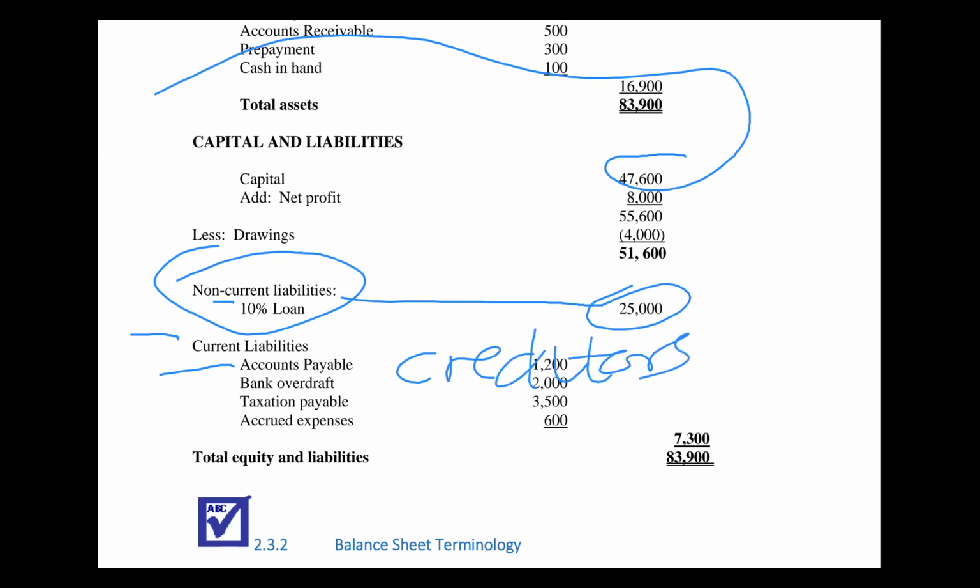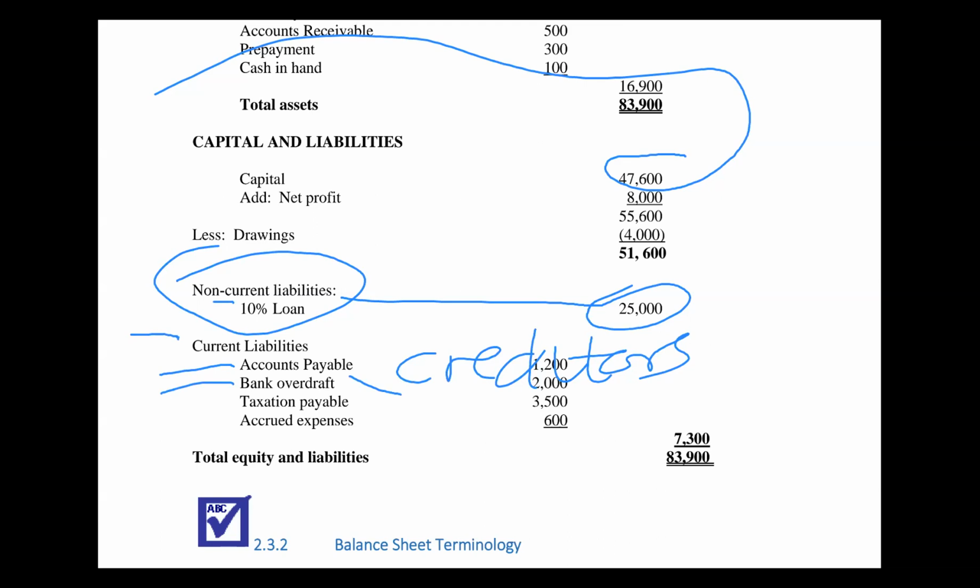The creditors are those people who supplied to you on credit. So you owe them, you're supposed to pay them. You have the bank overdraft. When you withdraw more than what you have in your bank account, that's called a bank overdraft. You are supposed to pay that.